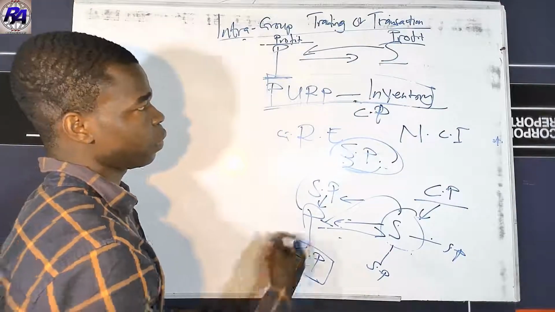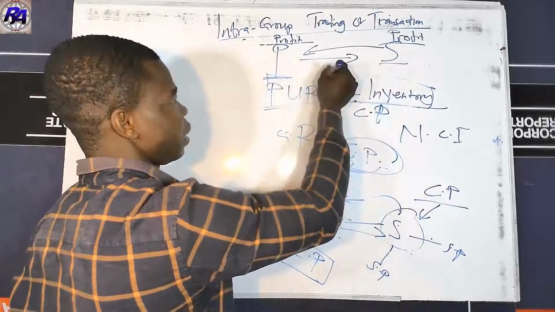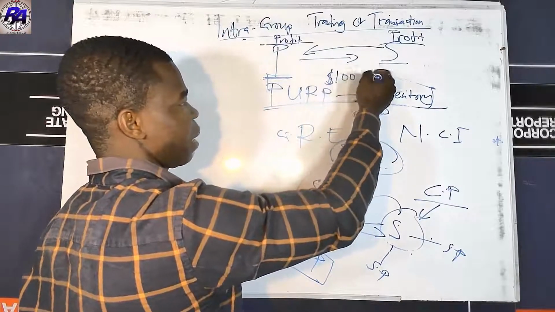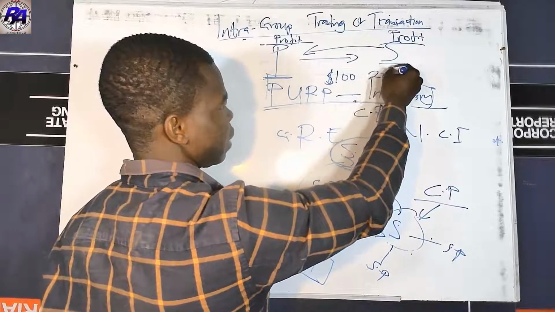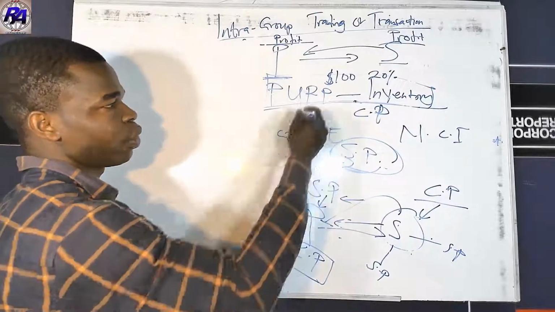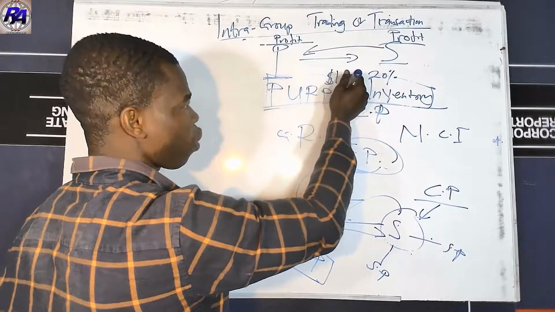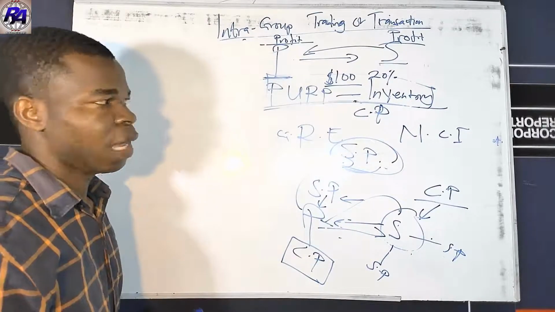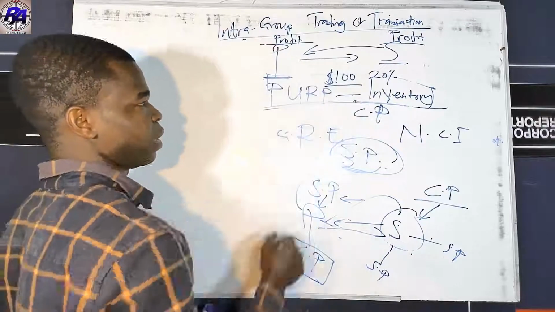Let's take this example. Let's say X sells to P at $100 with a markup of 20%. And then we are told that this amount costs P 100 cedis.